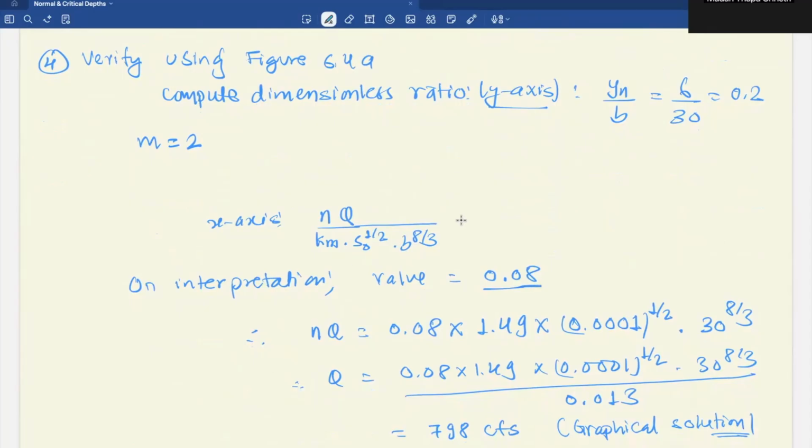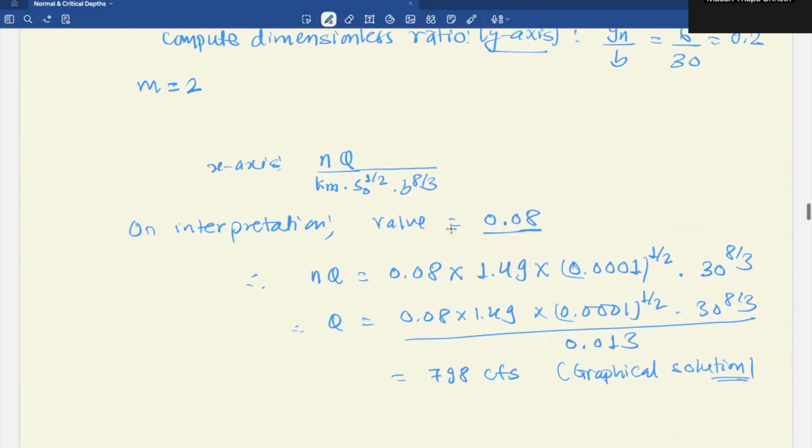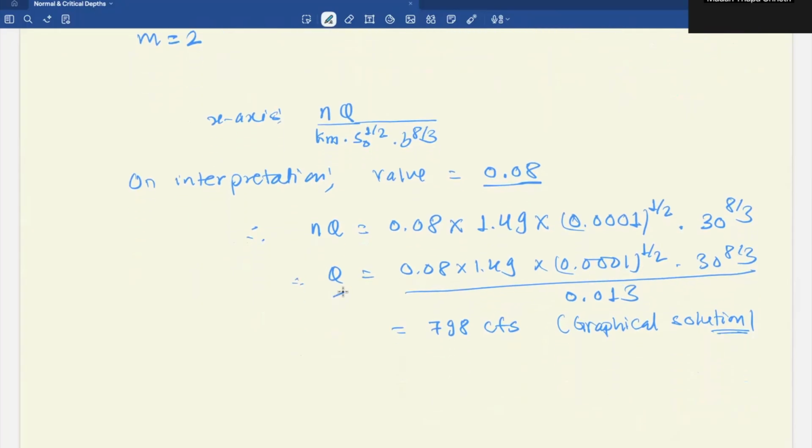So on interpreting these things, we get a value of 0.08, and when we use that value, we can solve for q. So from solving graphically, we get 798 cubic feet per second. So that's our graphical solution.